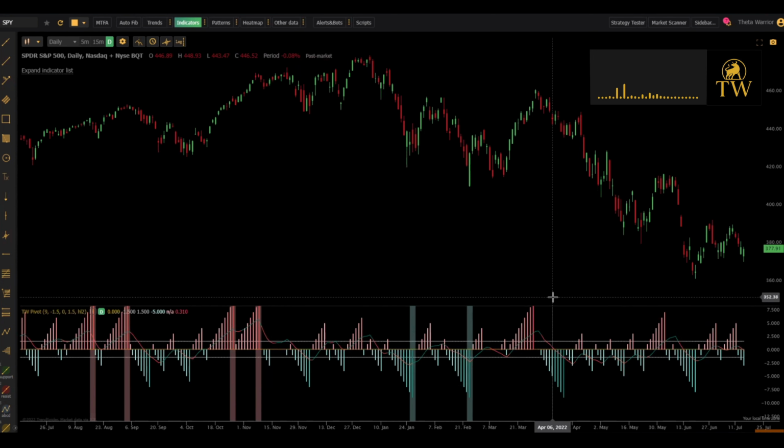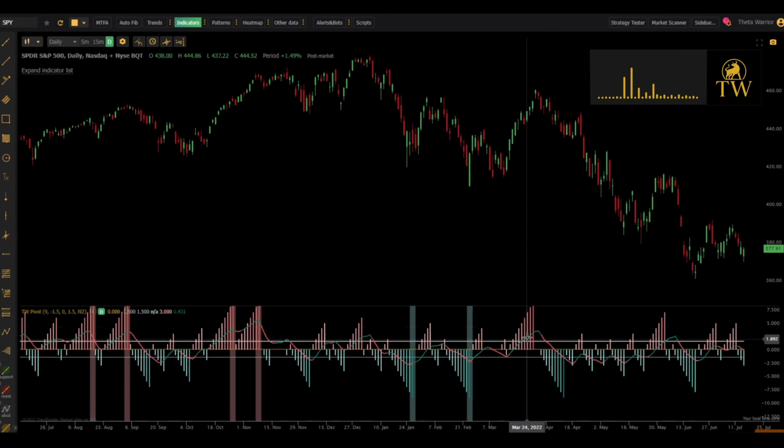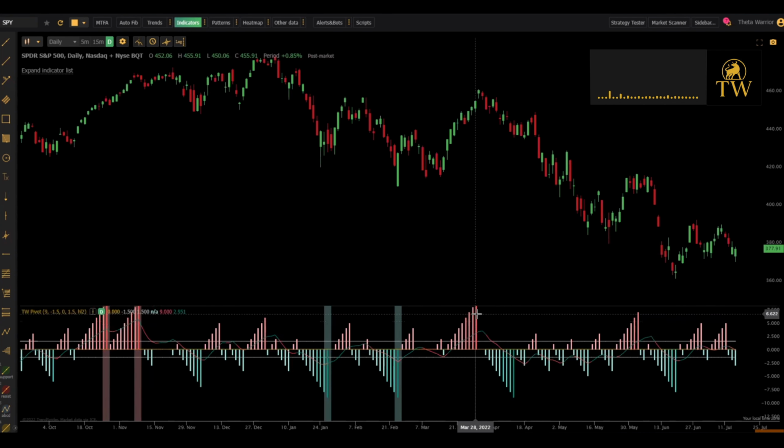But it doesn't mean that it won't produce a valid signal. So when I have something this far extended, and I see the histogram is getting this high, I'm still going to be cautious. If I'm thinking about getting long, I may think twice. If I'm already long, I may be looking to take profits in this range.